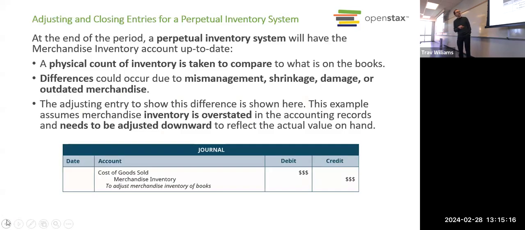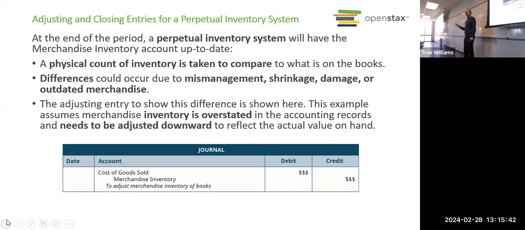So if you count up your inventory and you find that it's different from what your accounting records show, then you need to make an adjustment. So if you find you have less inventory than you thought, you need to credit your inventory.